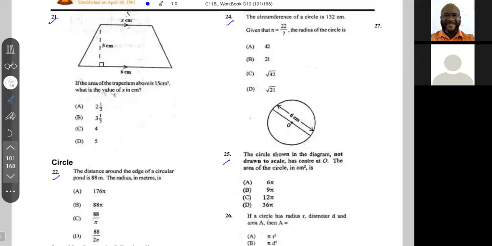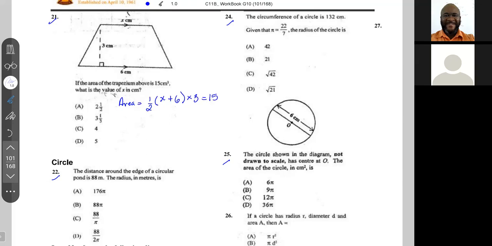All right, so question 21 says, the area of the trapezium above is 15. What is the value of x? Well, you could work this out or you could reason it out. The area of the trapezium is a half the parallel sides, which is x plus 6, times the height, which is 3, and this is equal to 15.